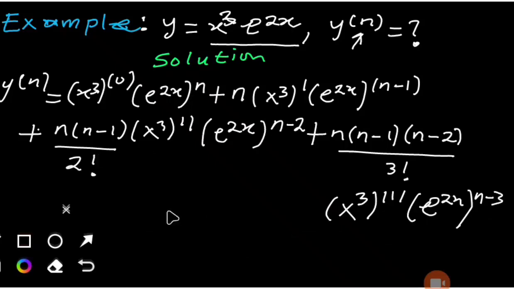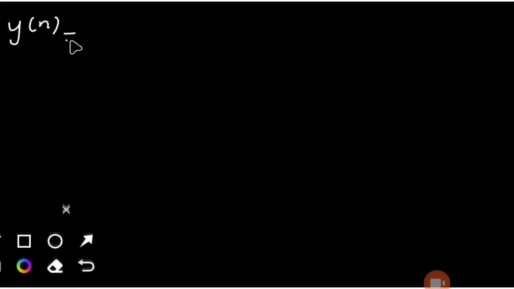Okay, so let's perform the actual differentiation. I hope you are ready. Okay, let's start. So the derivative of y to the degree of n is going to be equal to, you know how we do it.